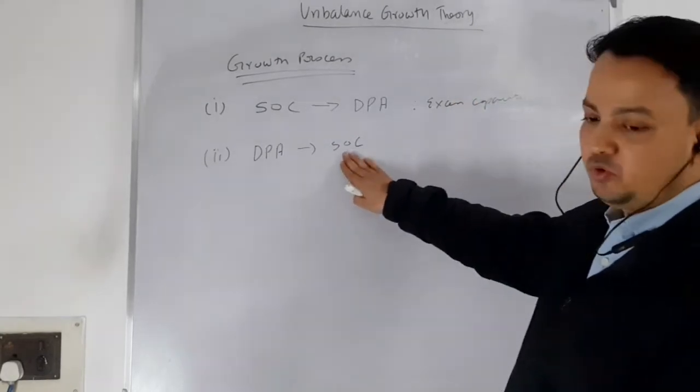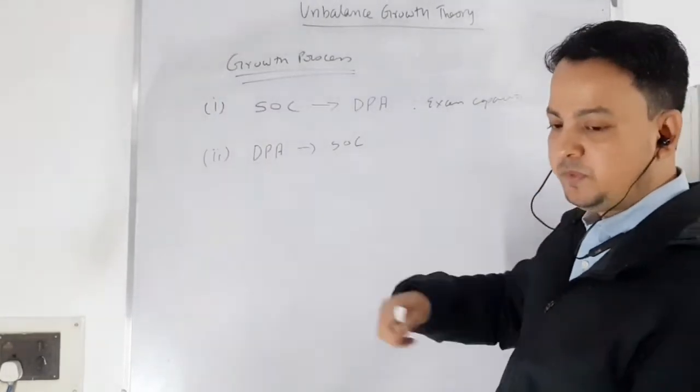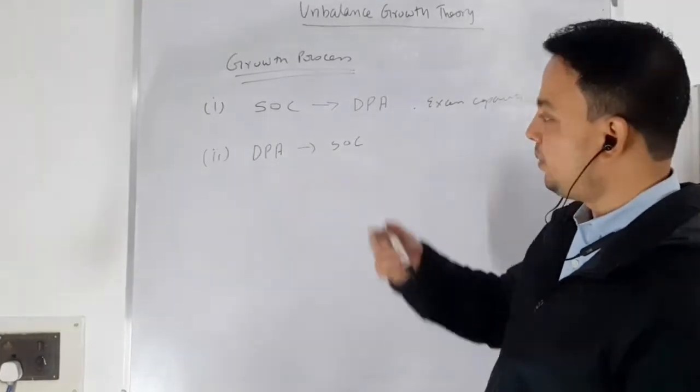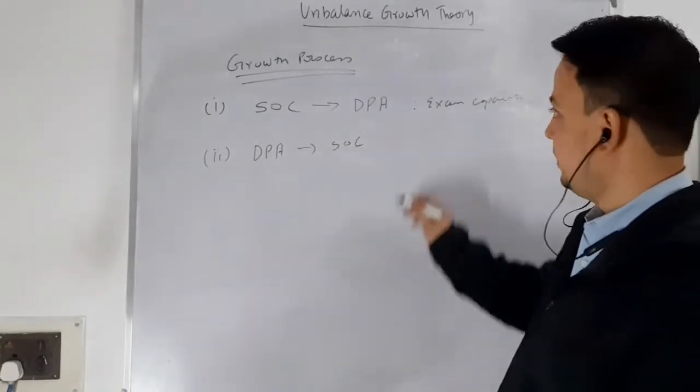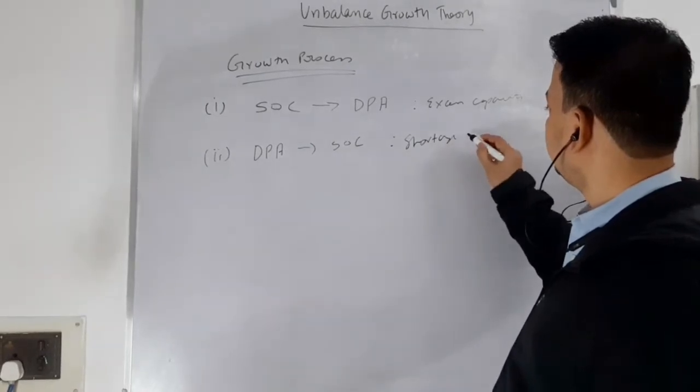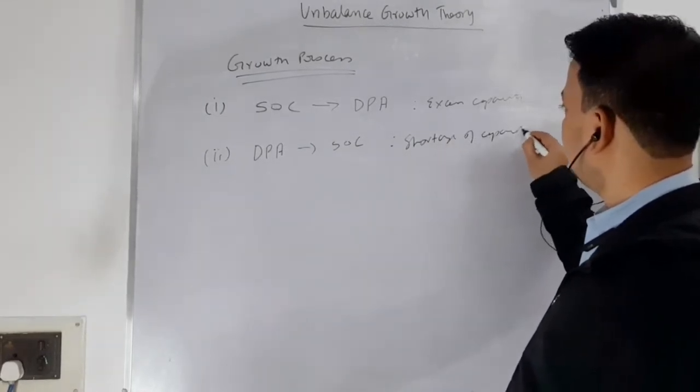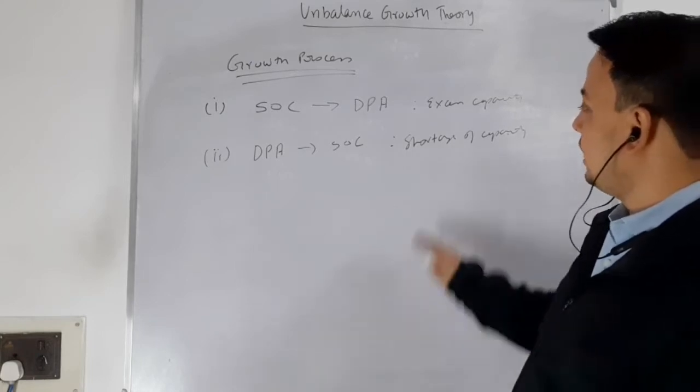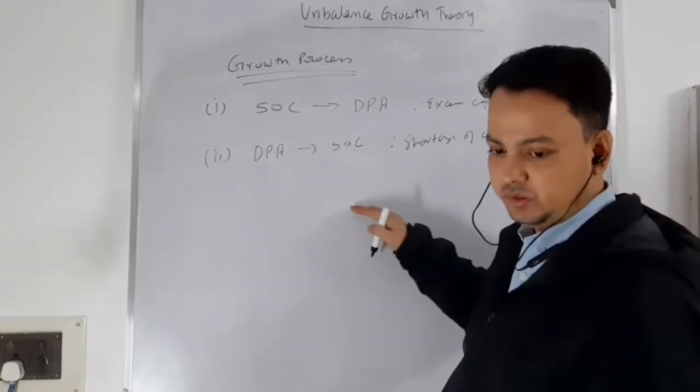So there will be a requirement of social overhead capital. There will be tension building up in the system, so government has to provide social overhead capital. So through shortage of capacity, we can follow the sequence.